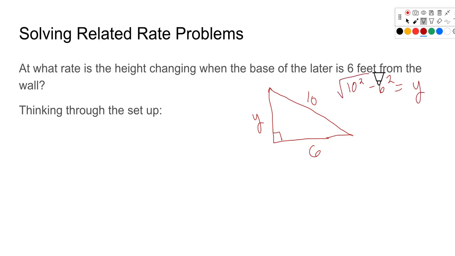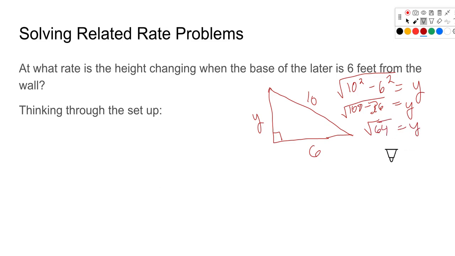And we'll take the square root of that, the positive square root because it is a distance. So let's go ahead and do that at this time. It's 100 minus 36, square root of that. Is that 64? Nice, isn't it? Square root of 64.